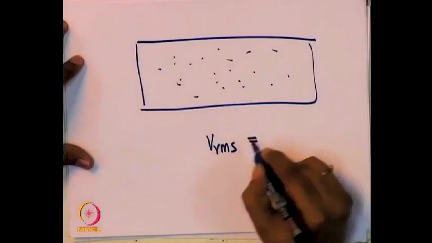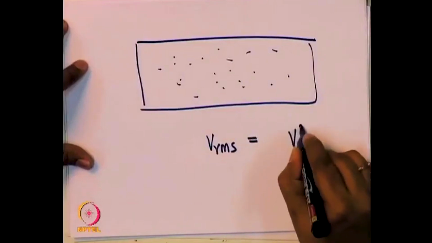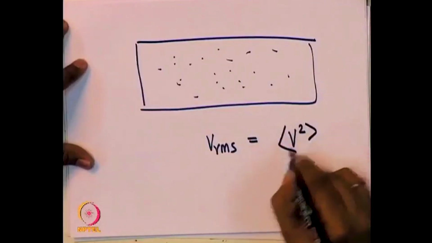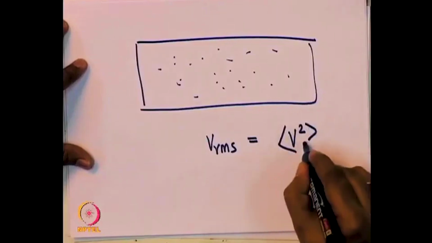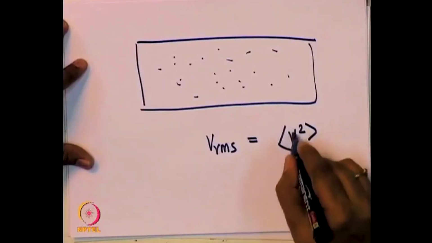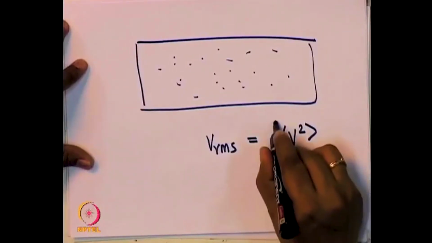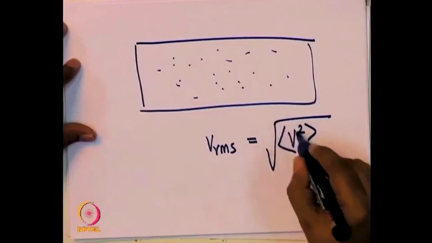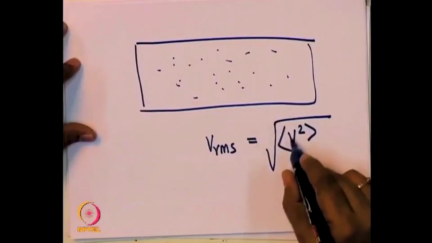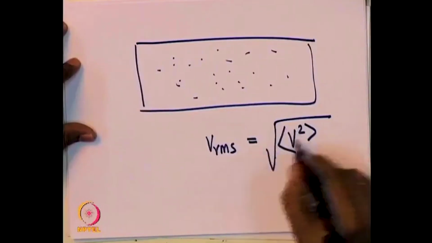The definition of this is that V square average: there is a mean, there is a square, and the root. So, this is the definition of RMS velocity. You find the root, mean, square.